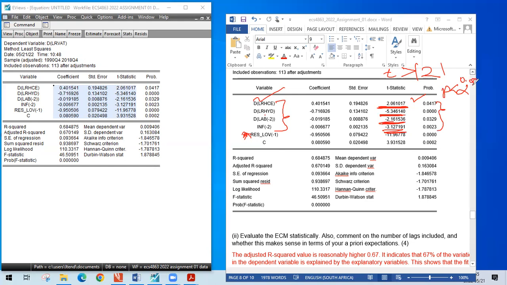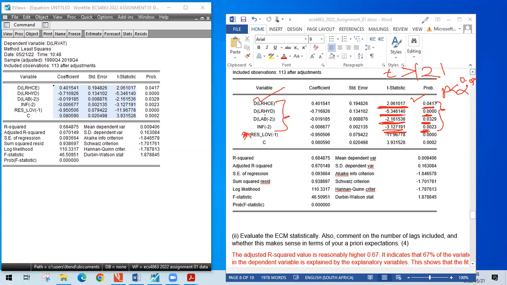So we can say all these are individually statistically significant, because this one is less than 0.05, this one is less than 0.05, this one is less than 0.05. So we can safely say all the independent variables are statistically significant at the 5% level of significance.